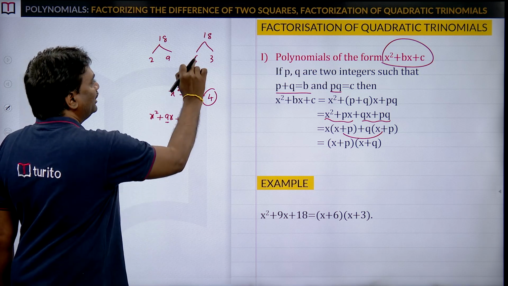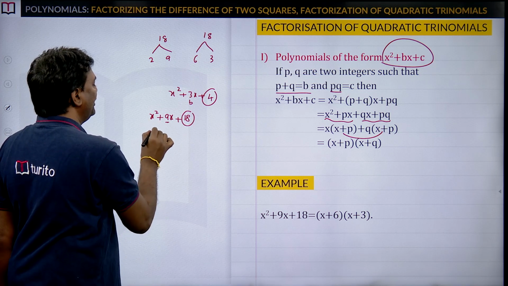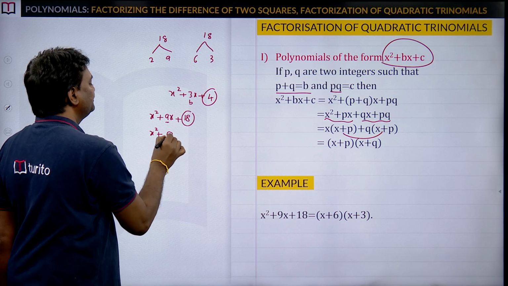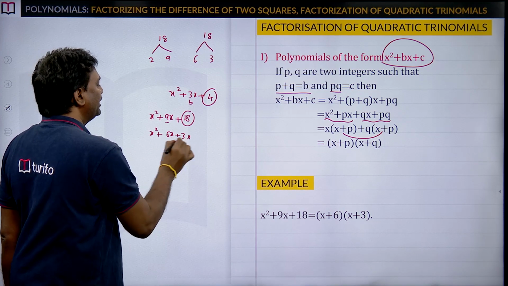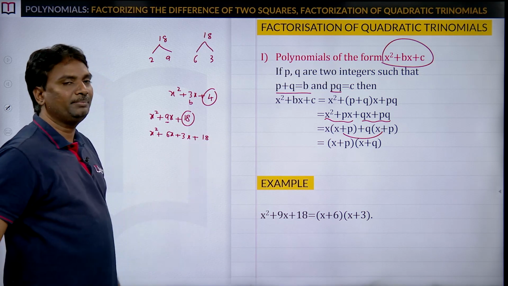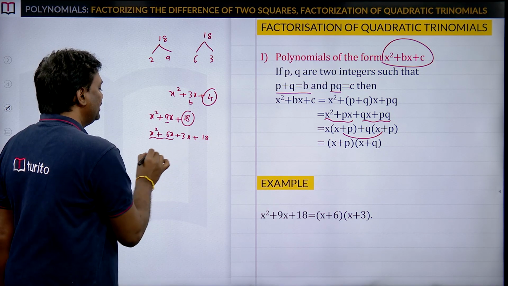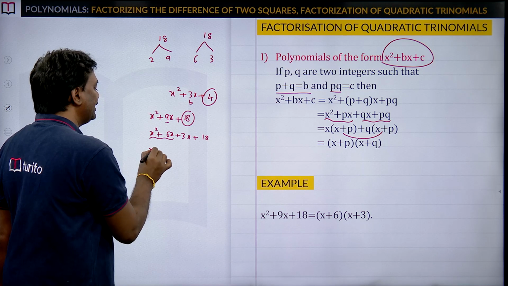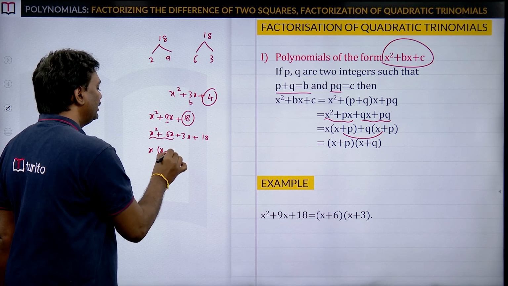So now 9 can be written as 6 plus 3: x square plus 6x plus 3x, plus 18. Take the first two terms, x square plus 6x; you can take x as common, x plus 6.